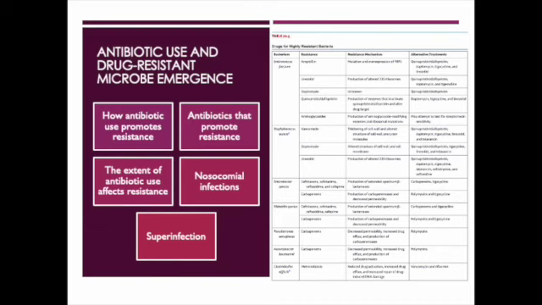So, to review, broad spectrum antibiotics will promote the most resistance and also can cause superinfections more so than the narrow spectrum antibiotics. And you can see here on this chart what drugs we reserve for highly resistant bacteria.